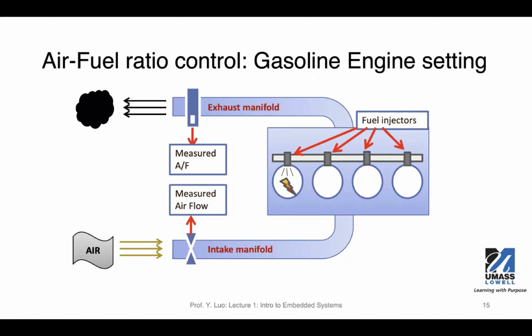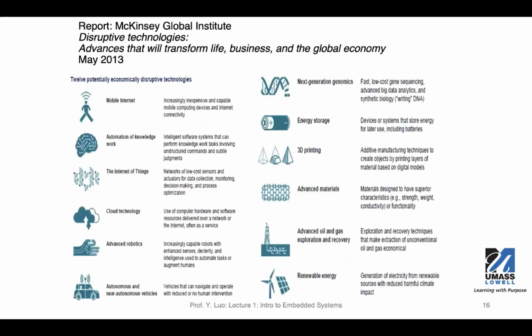Many of these cyber-physical systems have to have this in order to interact with the environment, with the machinery for this particular application. The software here is going to be important as part of the embedded system for the computation.